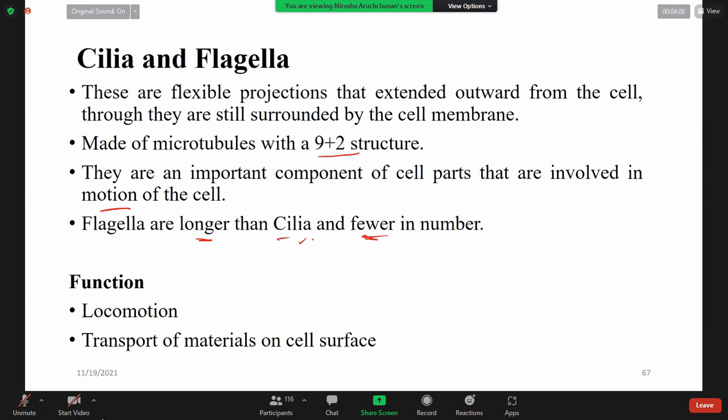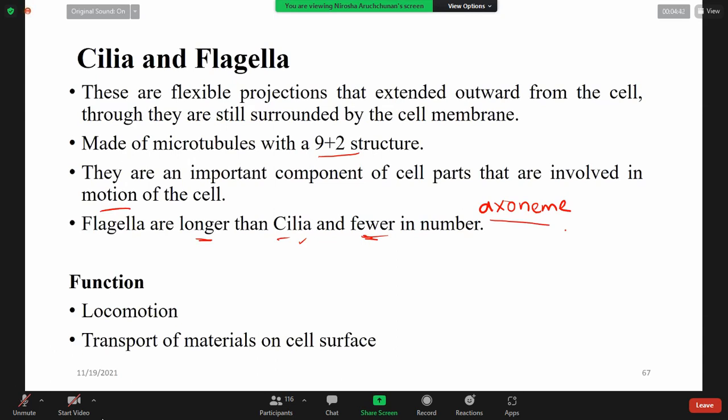The core of the cilium and flagellum is called the axoneme, which contains 9 pairs of peripheral microtubules and a set of central microtubules running parallel to the axis. So that is the axoneme, right?